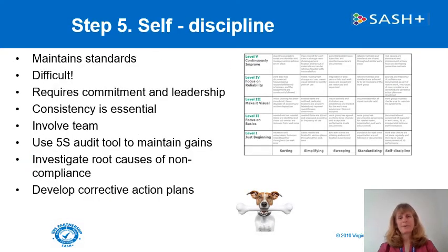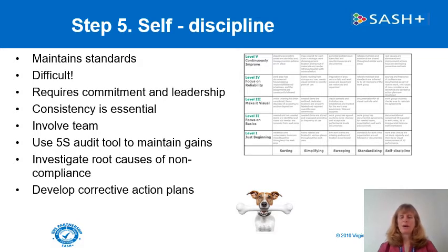So the fifth step is self-discipline. This is about maintaining those standards, and it is really difficult. It requires commitment and leadership. Consistency is essential, and you need to involve the whole team in doing this.